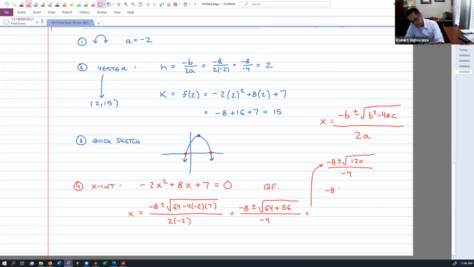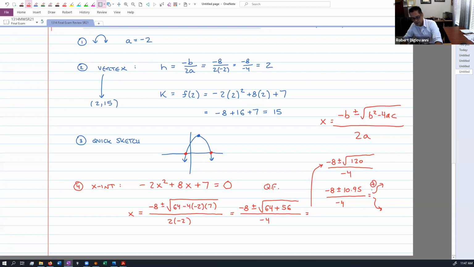So this is -8 plus or minus the square root of 120 on my calculator, which gives me about 10.95, all over -4.